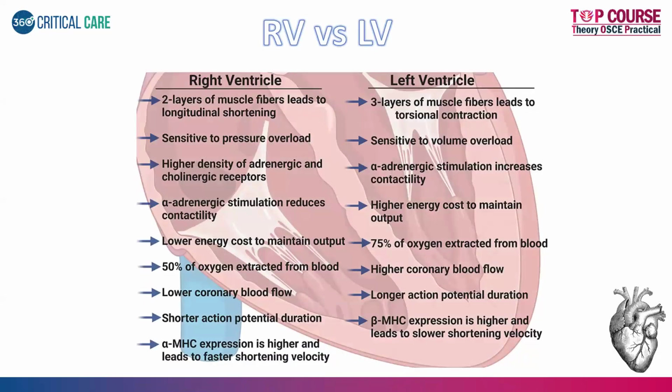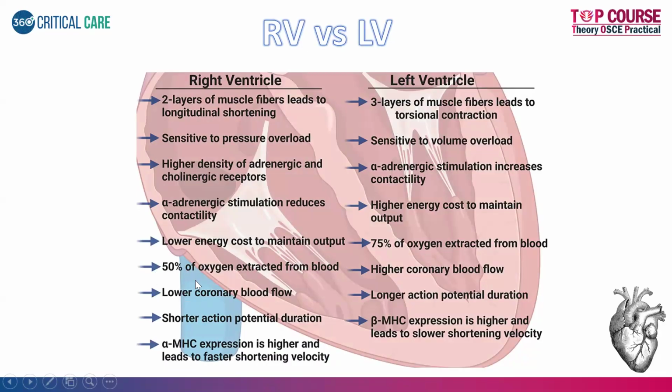the left ventricle. I know this is quite a busy slide, but what I want you to look at is that structurally, the right ventricle is a thin-walled structure as compared to a thick-walled left ventricle. The coronary blood flow is usually less in the right ventricle as compared to the left ventricle.